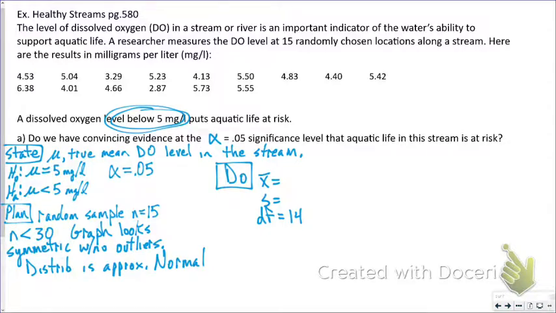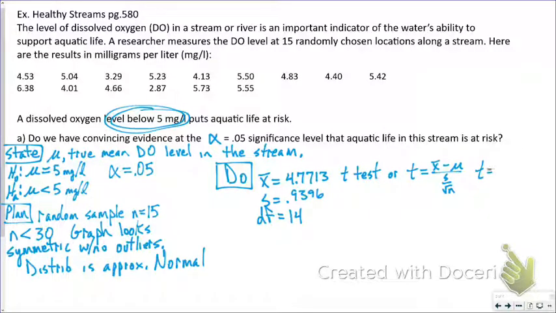X bar was 4.7713. S is 0.9396. I am doing a t-test. Or you can write down the formula: X bar minus mu over S over square root of N. Either of those count for the same points.